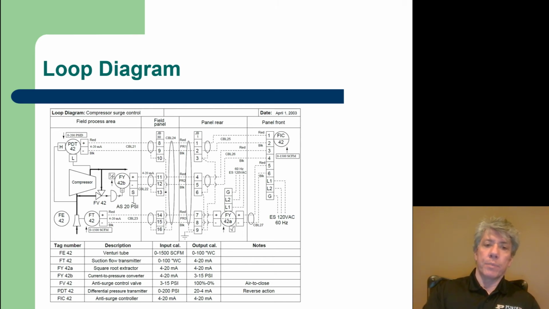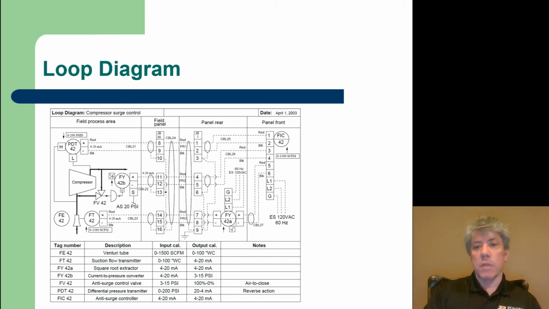And so that FY is something that the controller manages, and that goes back through terminals 11 and 12 in the field panel, connects to the panel rear at terminals 4 5. It's cable number 26, another red and black wire that go to terminals 3 and 4 on the flow indicating controller.